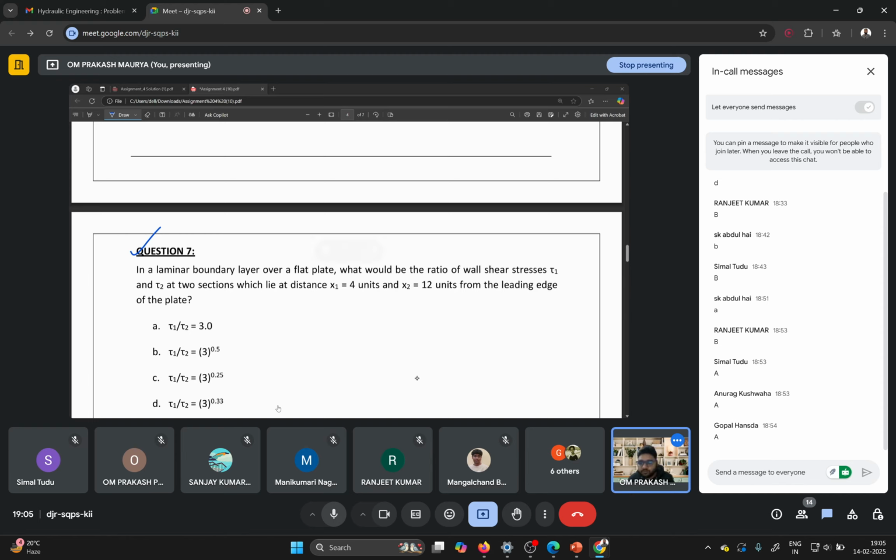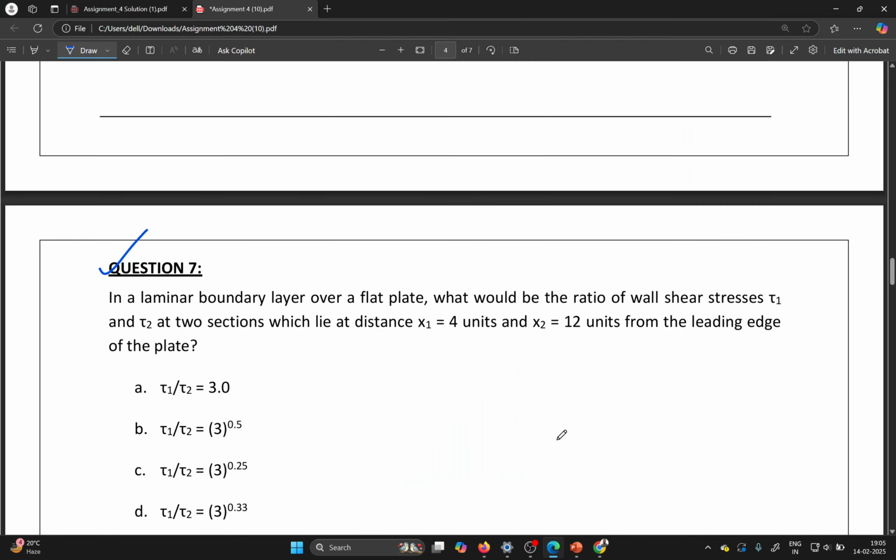Okay. So question number 7 is, let me just read. We are talking here about the laminar boundary layer.